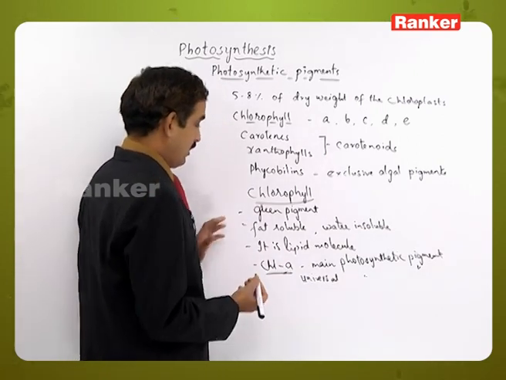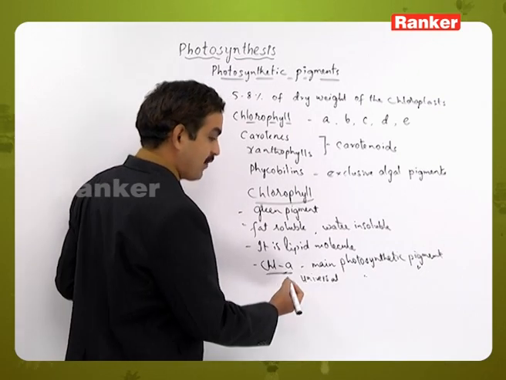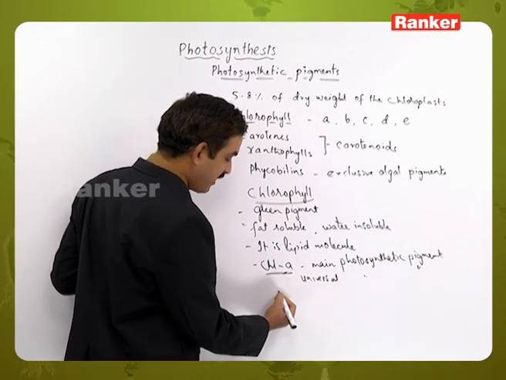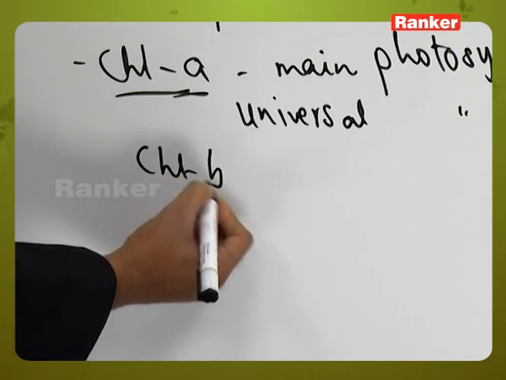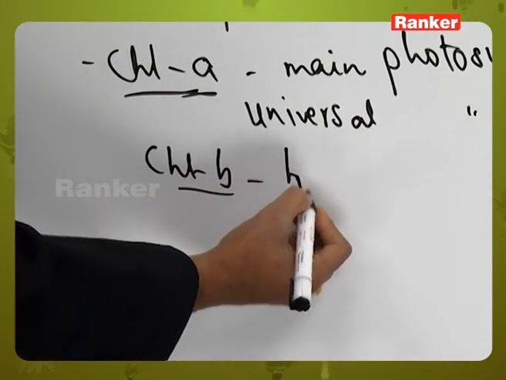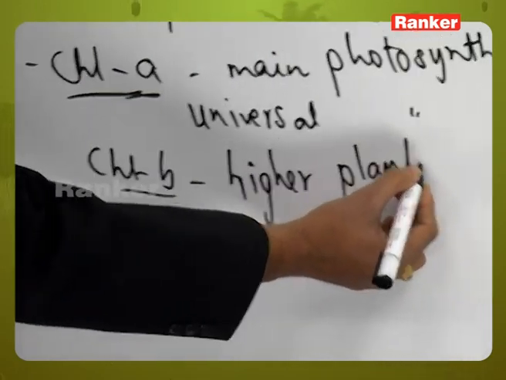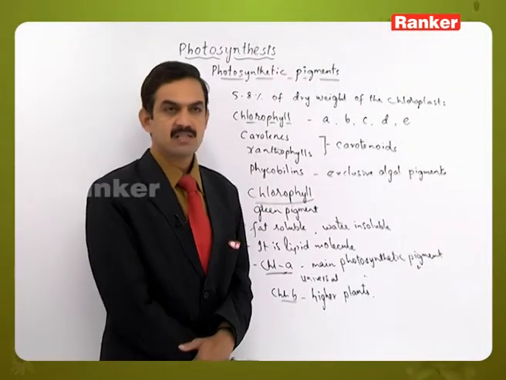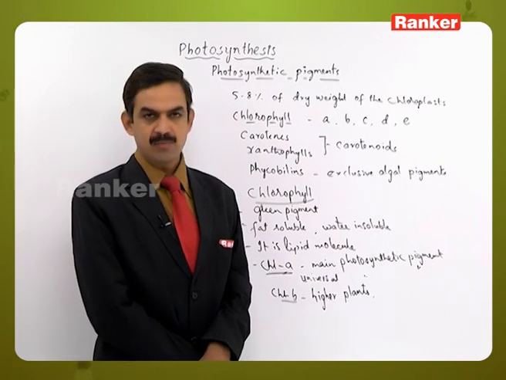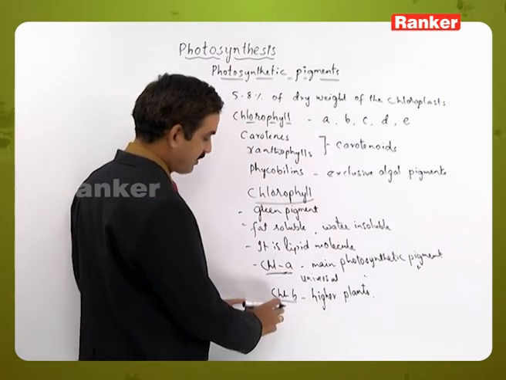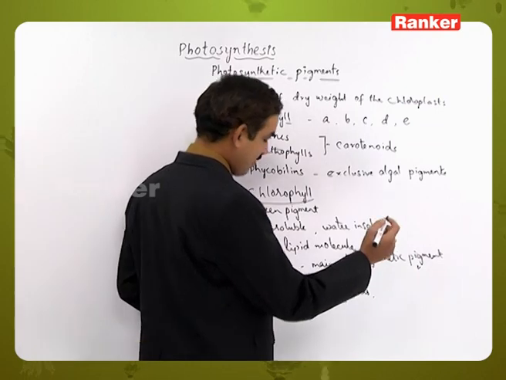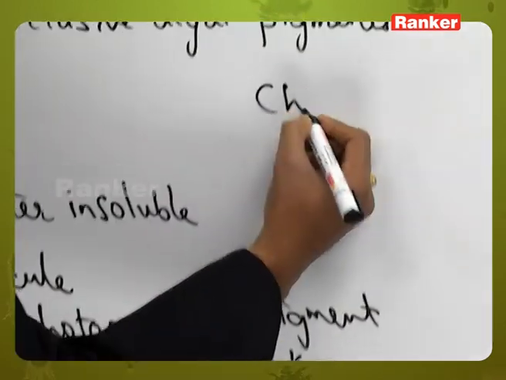And this chlorophyll A differs from chlorophyll B, which is present in higher plants and also in some green organisms. Then apart from chlorophyll A and chlorophyll B, there are some others.